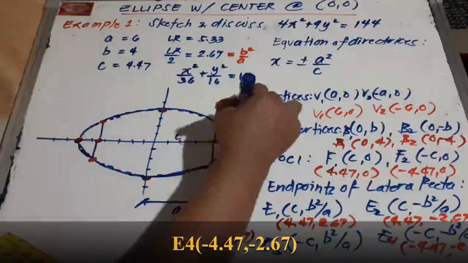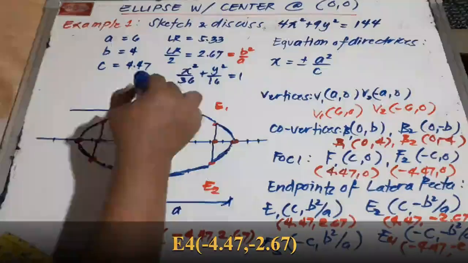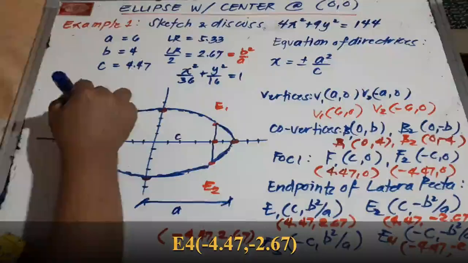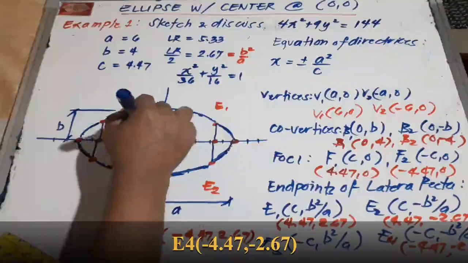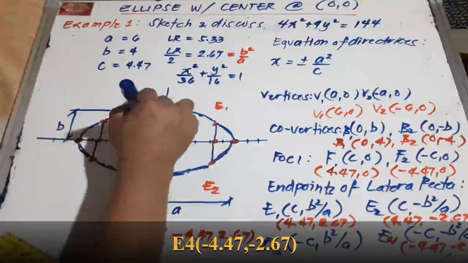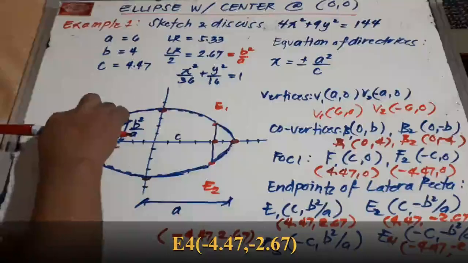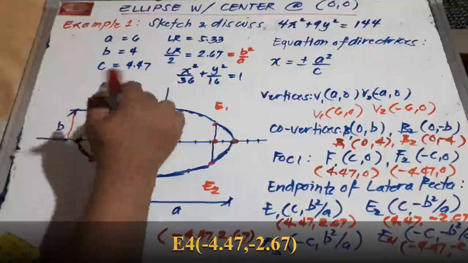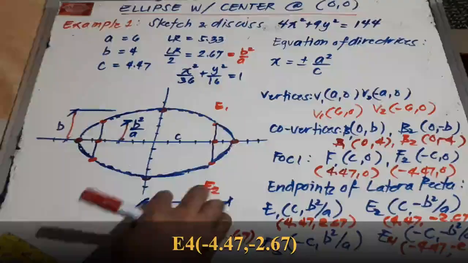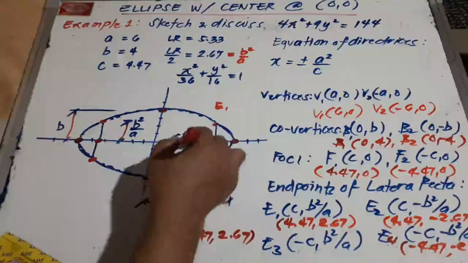Tapos ito, B, ang taas. From here, B. Tapos dito, ito yung LR over 2, o B squared over A. Okay. Lagyan natin itong pula para maintindihan. Tapos ito, C. Simula dito.